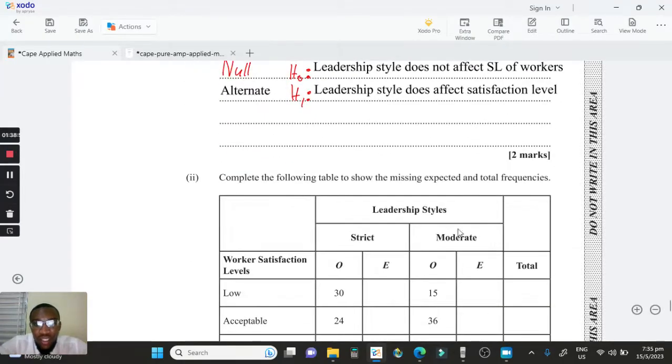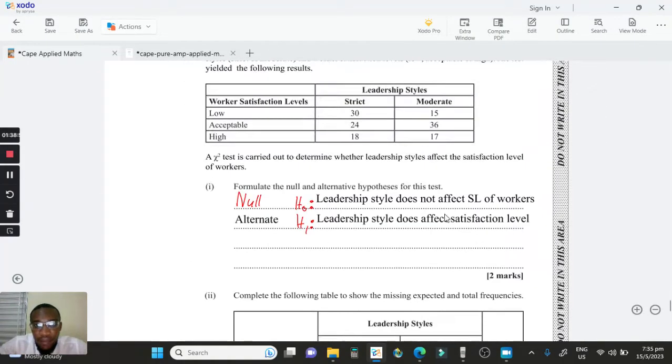Now it says complete this table. Completing the table, the first thing is I need my row totals and column totals to help me.